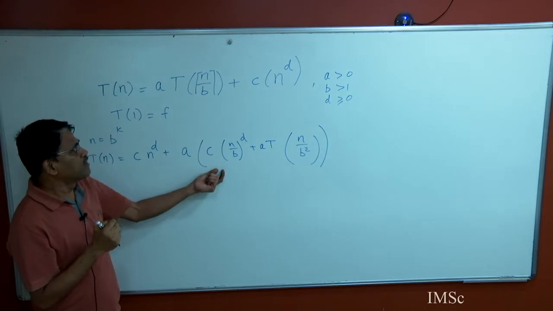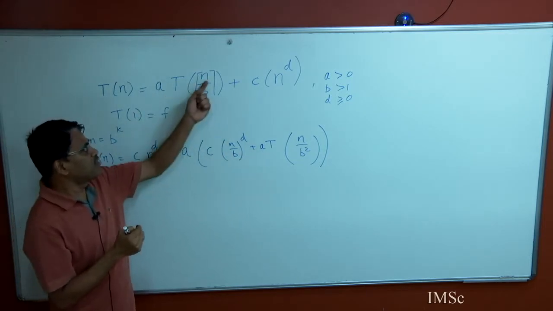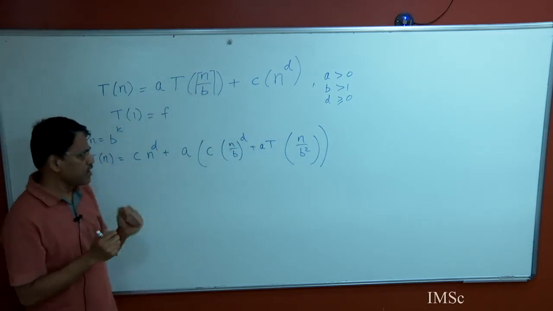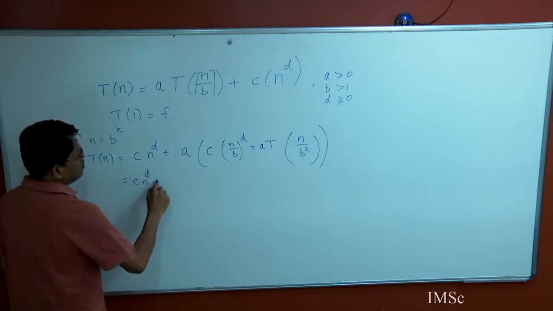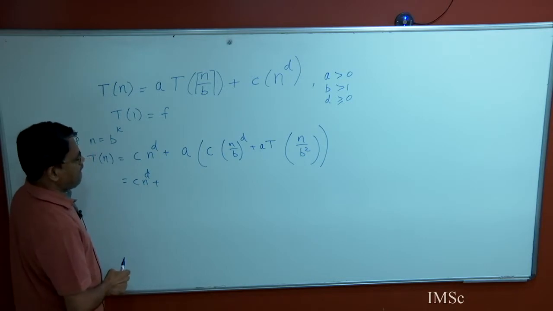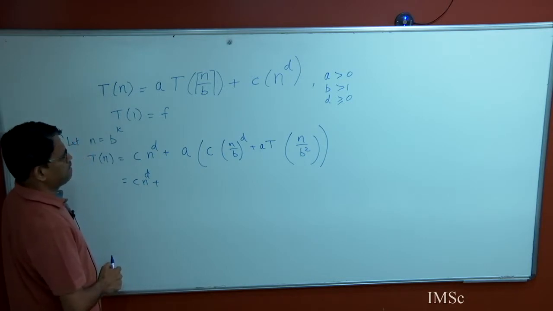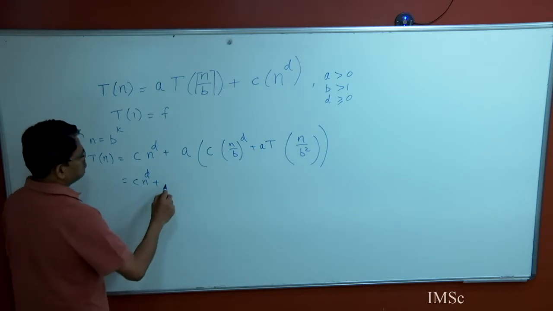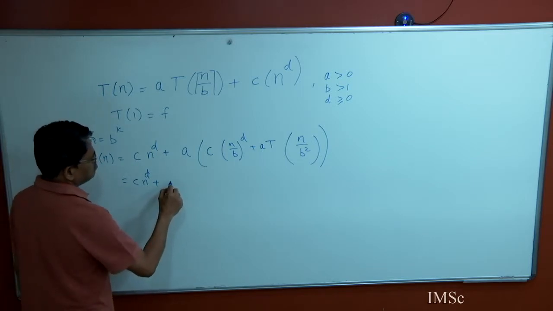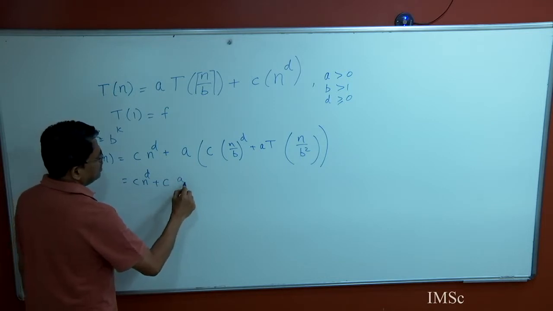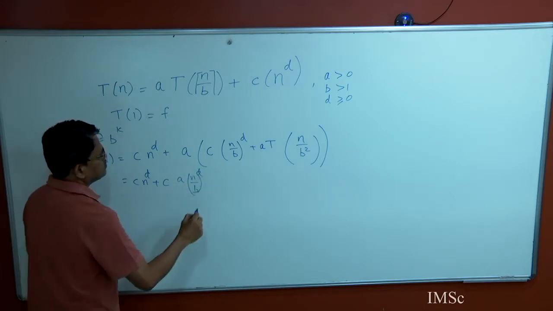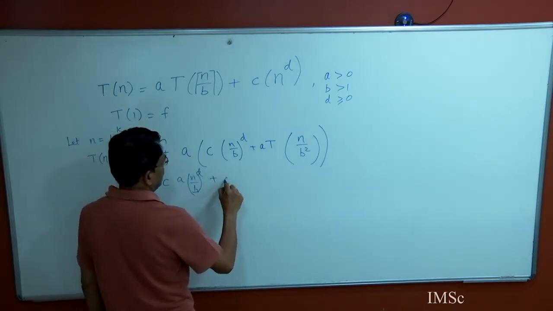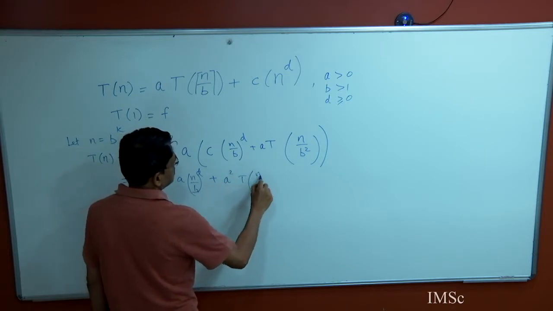C n by b whole power d plus A times T of n by b, which is T of n by b squared. So, this is C n power d plus C times A times n by b whole power d plus A squared times T of n over b squared.